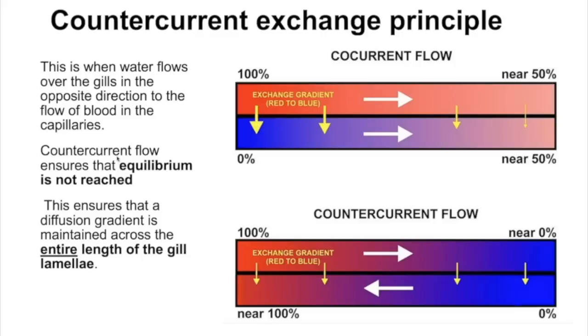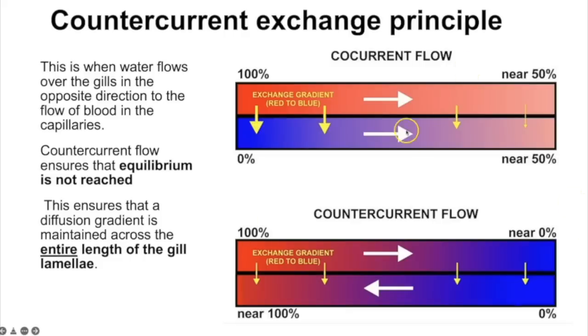And because we don't have equilibrium being reached, that means that oxygen is able to continue diffusing from the water into the capillaries in the gill lamellae across the entire gill lamellae. And that's in bold and underlined because that is the key marking point.